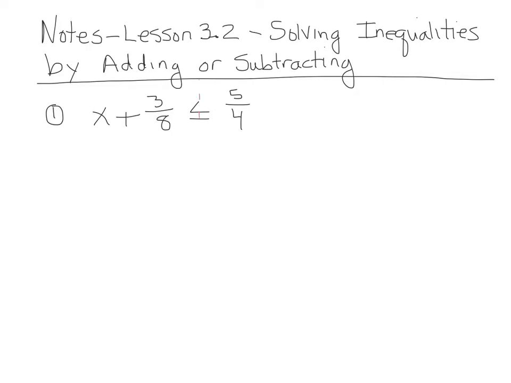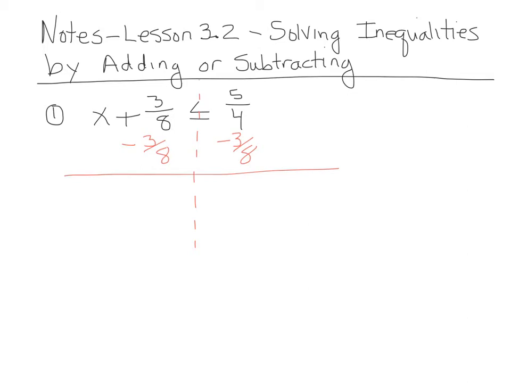So this is kind of your balancing point. And you're trying to solve for the variable, so you're trying to isolate the variable. And you do the opposite. So the opposite of add 3/8 is subtract 3/8. And you have to do that to both sides of the inequality, just like before, you had to do it to both sides of the equation.